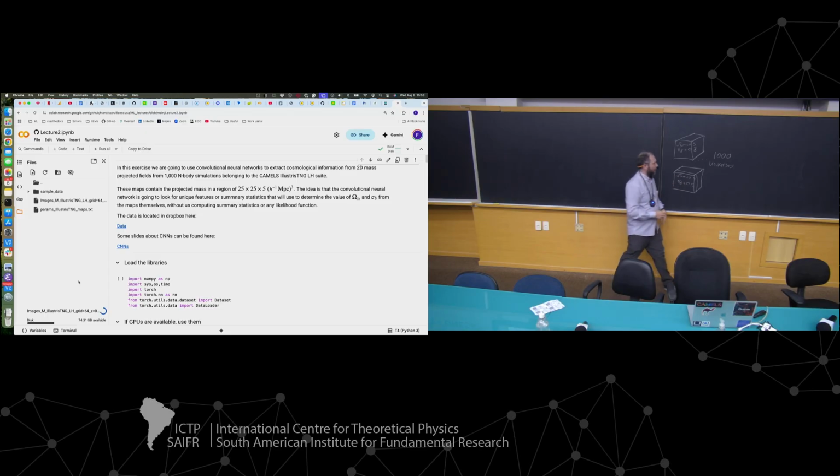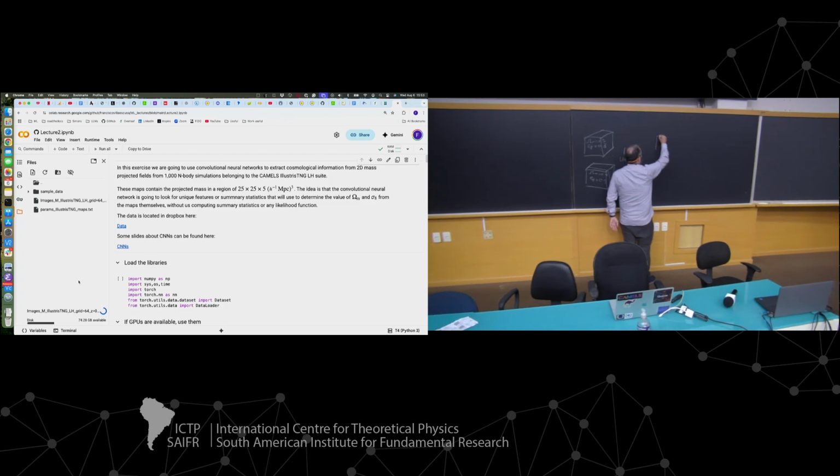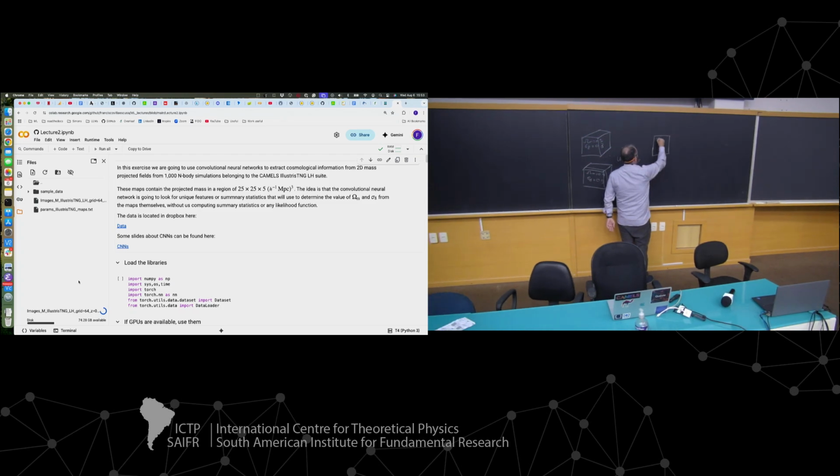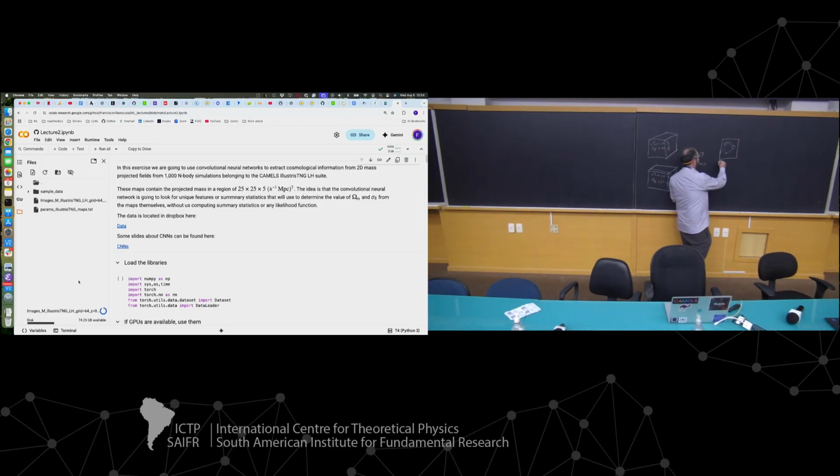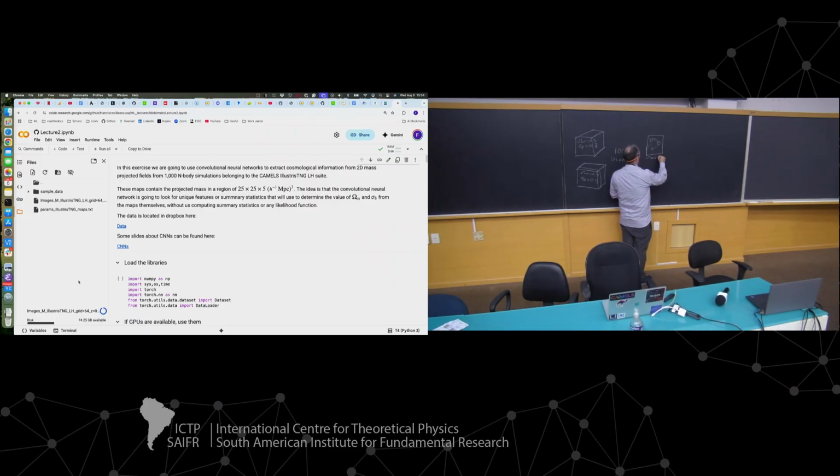Our data is going to look like a cluster here, a halo here, maybe filaments, something like that. So this is an image that comes from a universe where omega matter is 0.3 and sigma 8 is 0.8.